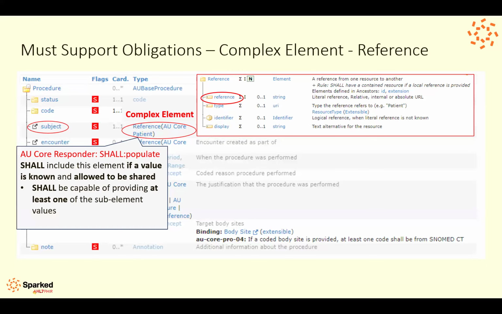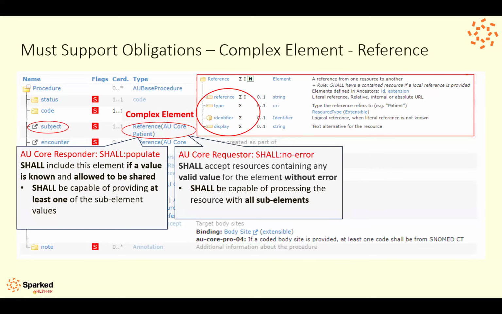You can choose whether you want to support the reference sub-element, the identifier sub-element, or potentially the display sub-element. But from a requester's perspective, you have to support all of those without error.